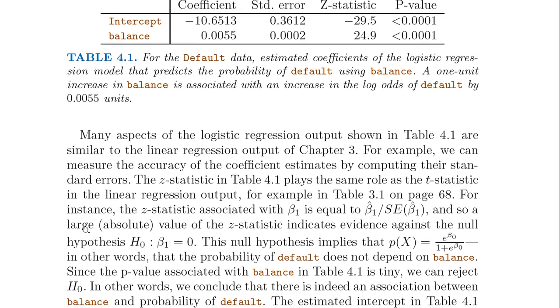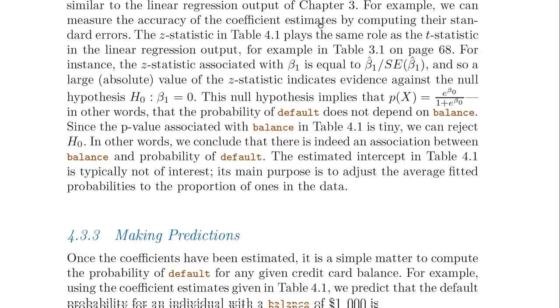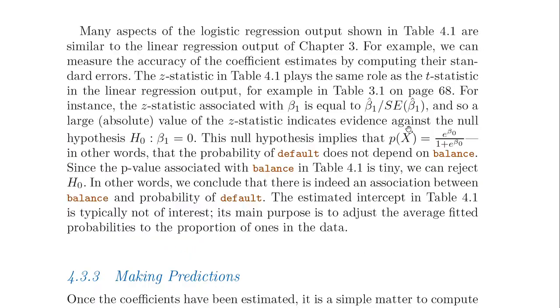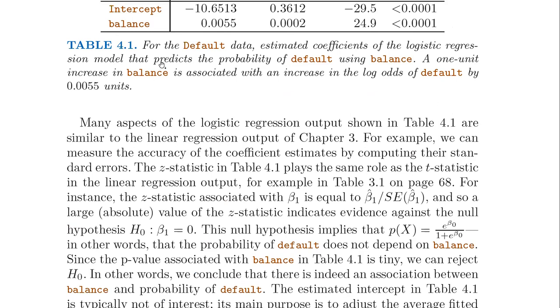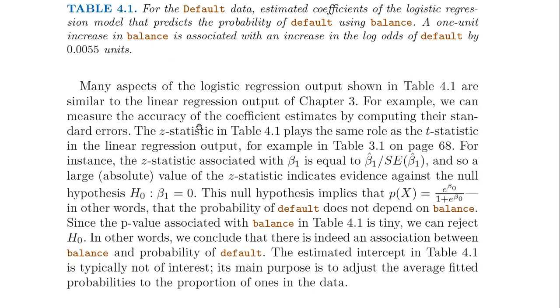And so a large absolute value of the Z statistic indicates evidence against the null hypothesis. The null hypothesis is that there is actually no relationship between default and balance.